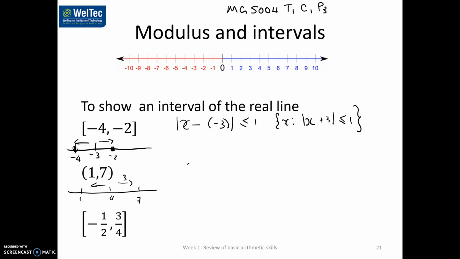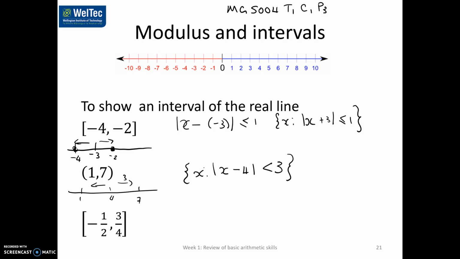So we can write that as x such that the absolute distance between x being 4 to start with and 7 is 3, but it's less than, so it's got to be less than 3.